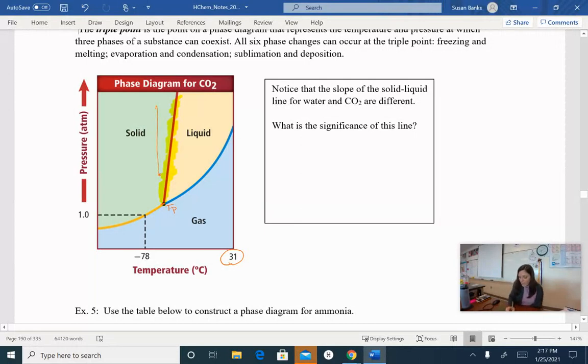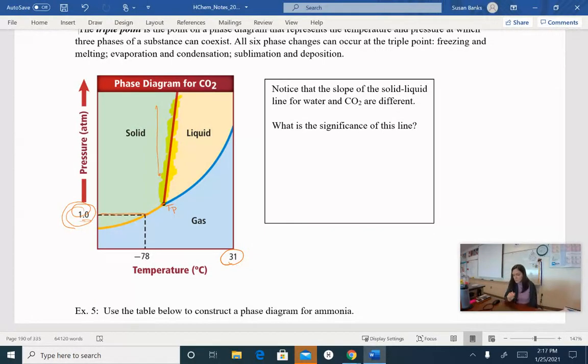Notice though, at 1 atmosphere, normal pressure right here, when we hit that first phase boundary, we are still on the sublimation line between solid and gas. So the melting, I should say not even melting, the subliming point for carbon dioxide is negative 78 degrees.